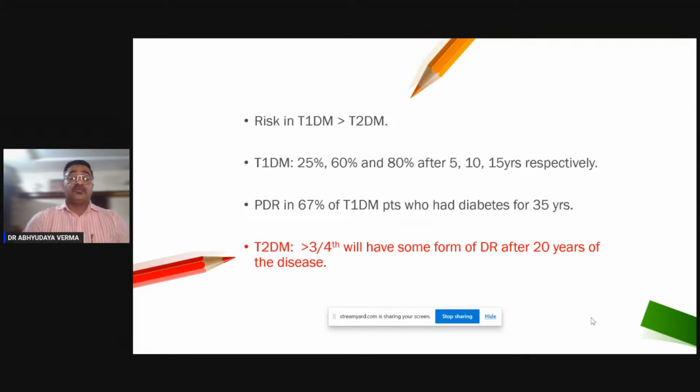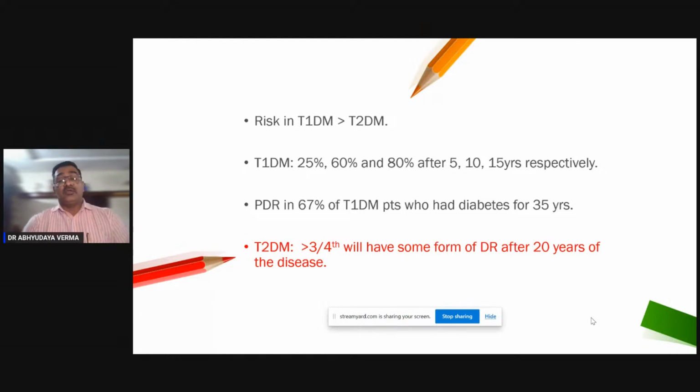Somehow, the risk in type 1 diabetics is more than type 2. In type 1, we can see at 5, 10, 15 years, the prevalence of 25, 60, and 80% respectively. And proliferative diabetic retinopathy is seen in about 67% who had diabetes for 35 years.